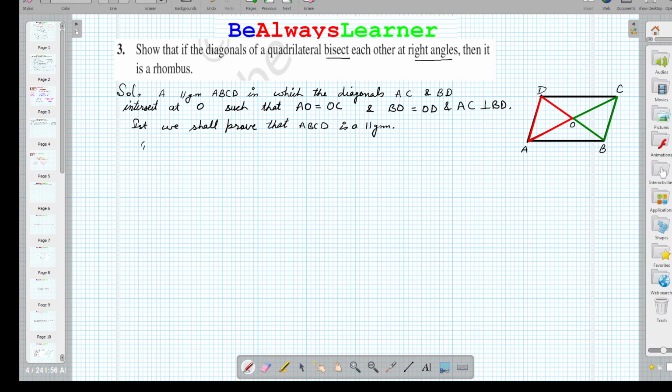So we can write, in the triangle AOD and in the triangle COB, can we relate? AO is equal to OC, which is the diagonal, and it is given also these two are equal. Another side, OD is equal to OB. So both diagonal relations are given.